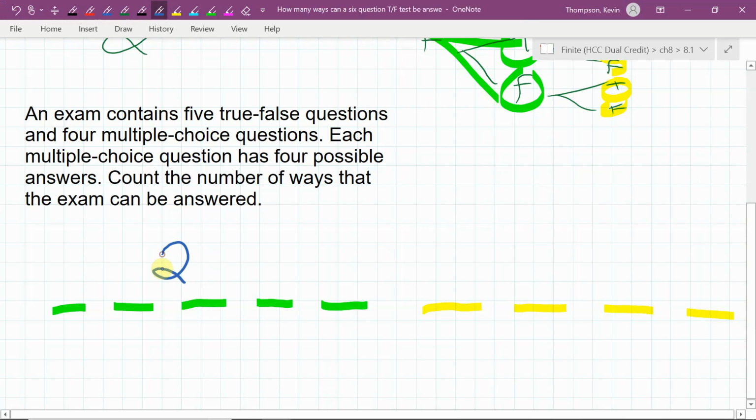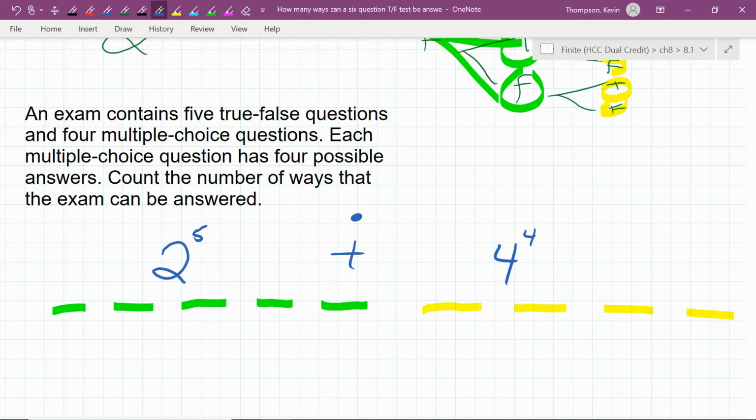Okay, so what is it? 2 to the 5th, 4 to the 4th: add, multiply. Votes for add. And we're going to add those two numbers together.